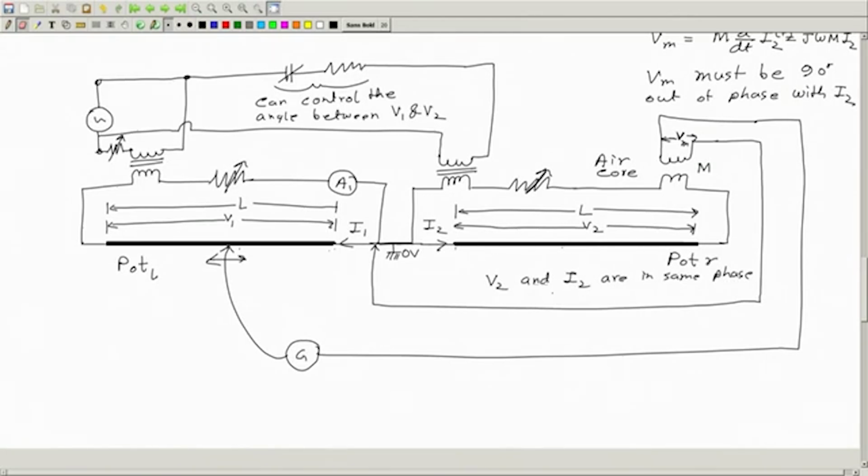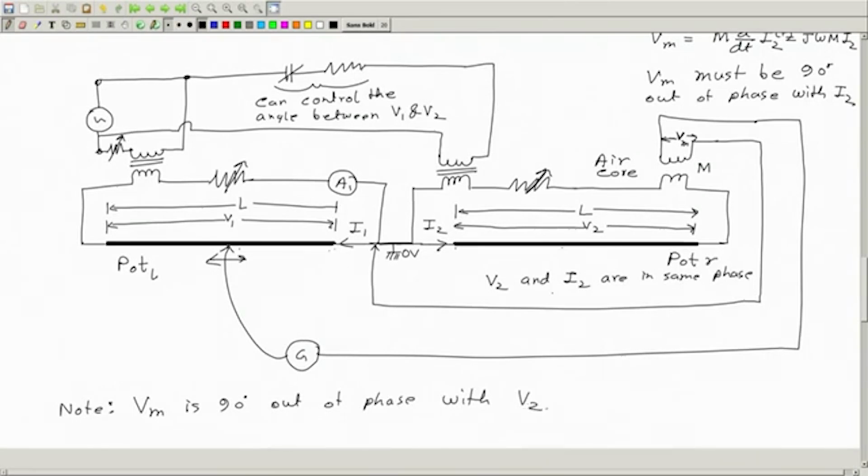So V2 and I2 are in the same phase, and Vm and I2 are 90 degrees out of phase. These two facts together imply that Vm and V2 will be 90 degrees out of phase.